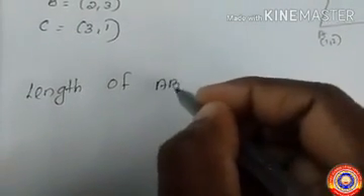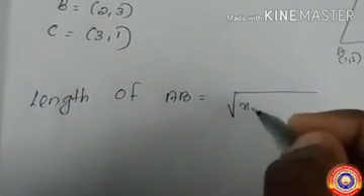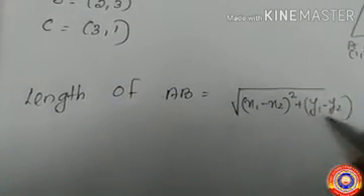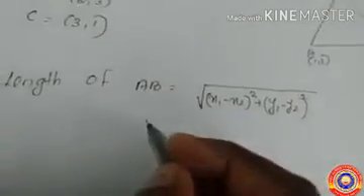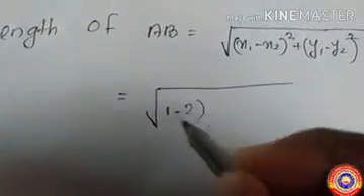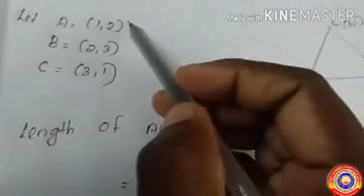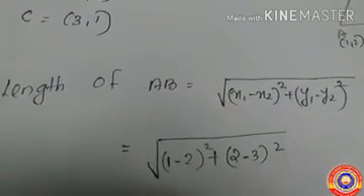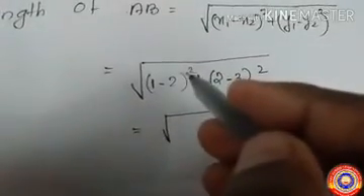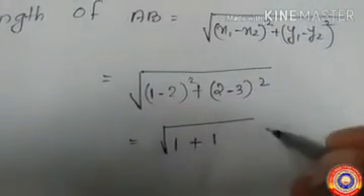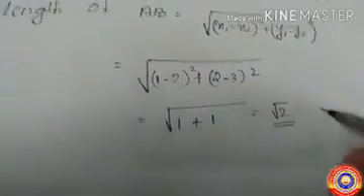In the given coordinates, the x coordinates and y coordinates are different, so we have to use the distance formula, root of (x1 minus x2) whole square plus (y1 minus y2) whole square, which is equal to (1 minus 2) whole square plus (2 minus 3) whole square. 1 minus 2 equals minus 1, minus 1 whole square equals 1. 2 minus 3 equals minus 1, whole square equals 1. Root of 1 plus 1 equals root 2.